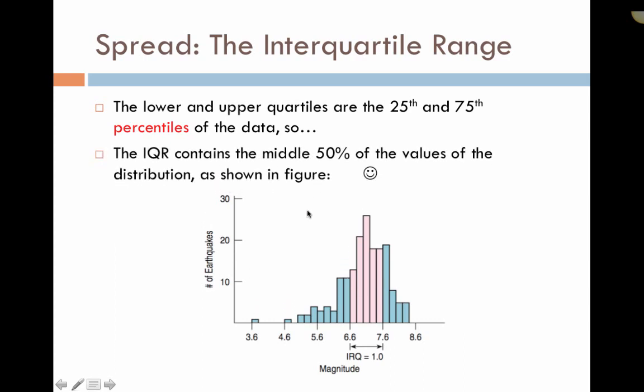So again, the IQR contains the middle 50% of the distribution. We can see down here that the IQR is equal to 1. Note that indicates that our data are not all that spread out, whereas if we were to actually use the range, we would probably be closer to a range of 9, which indicates that our data are very spread out.